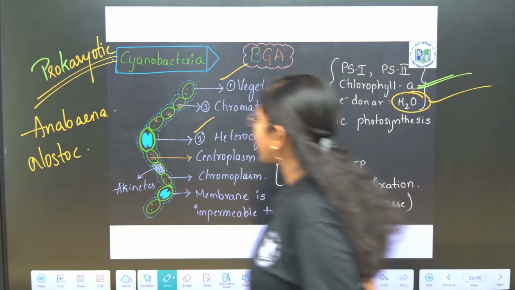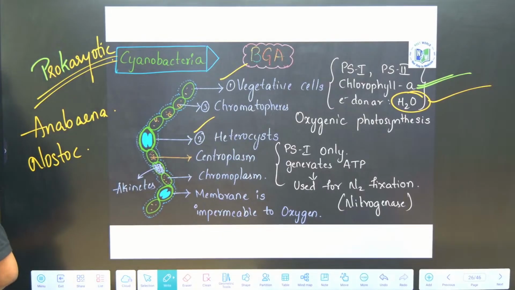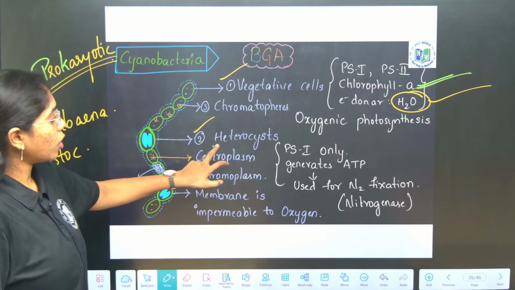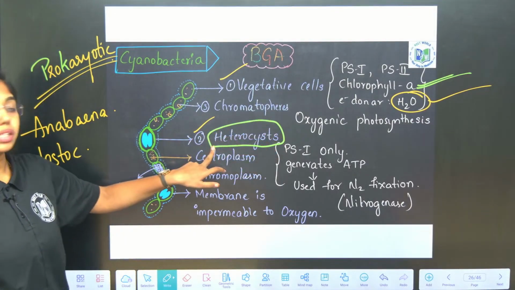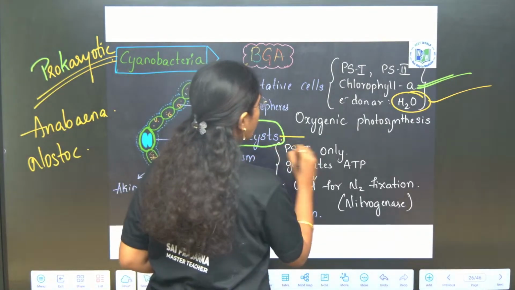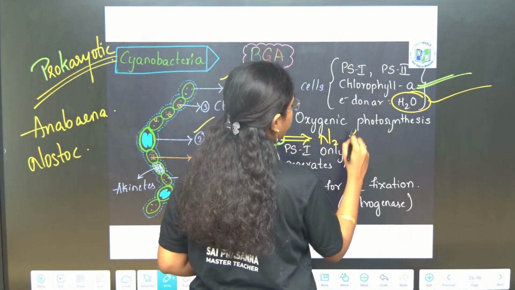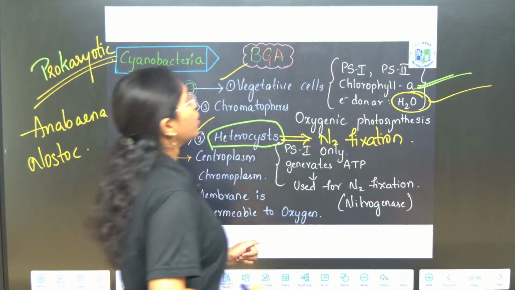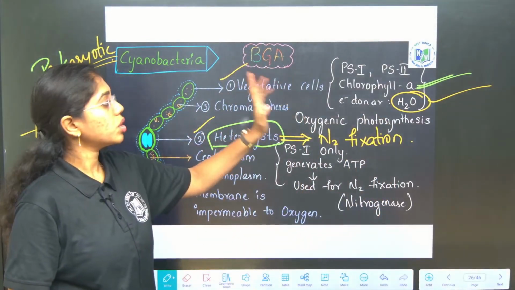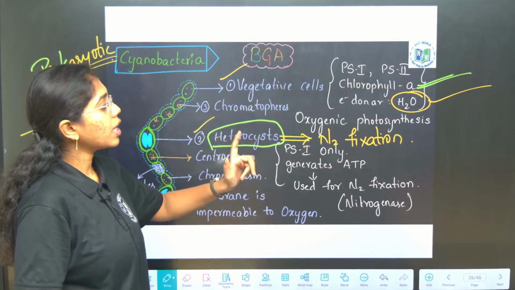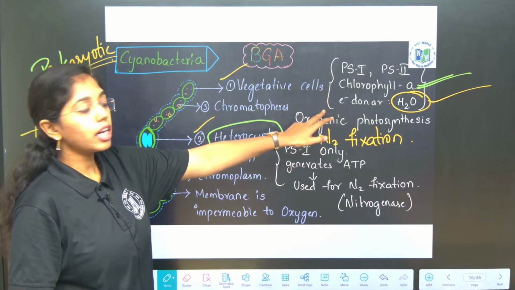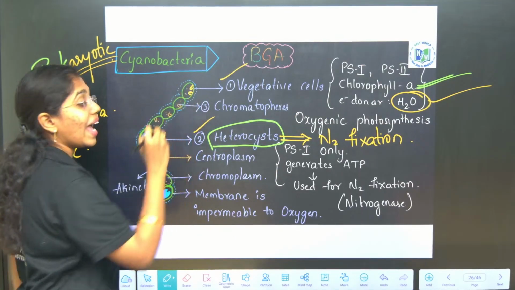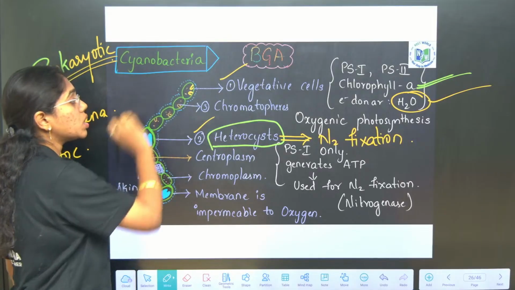Second type of cell is the heterocyst. Heterocysts are those cells which are purely involved in nitrogen fixation. Vegetative cells will have two photosystems, PS1 and PS2, and what pigment? Chlorophyll A, and the electron donor is water. Here you can see chromatophores, which are the extensions of the cell membrane towards the cytoplasm.